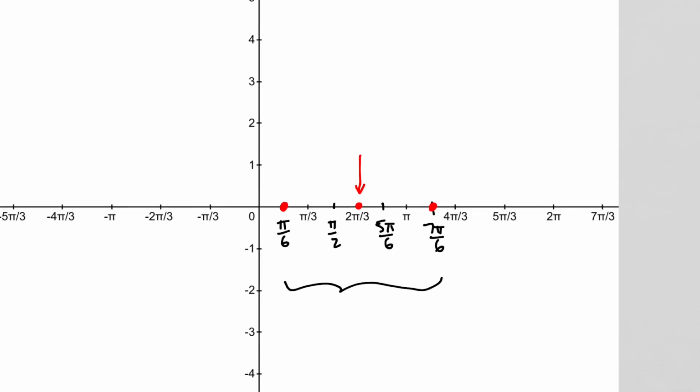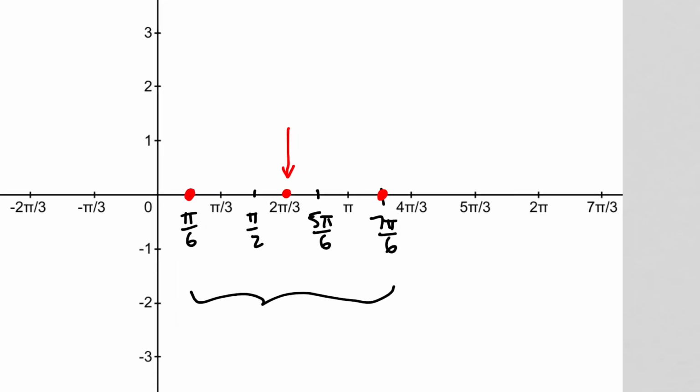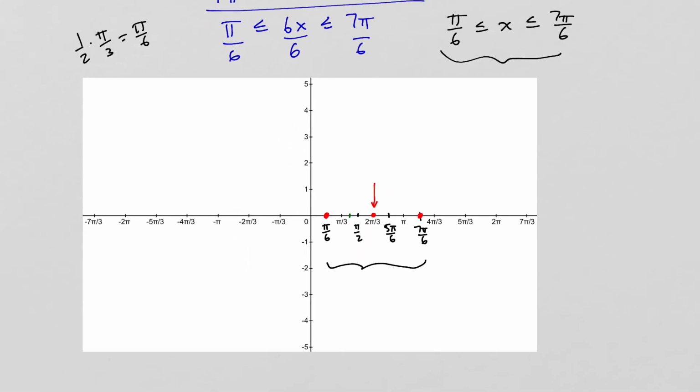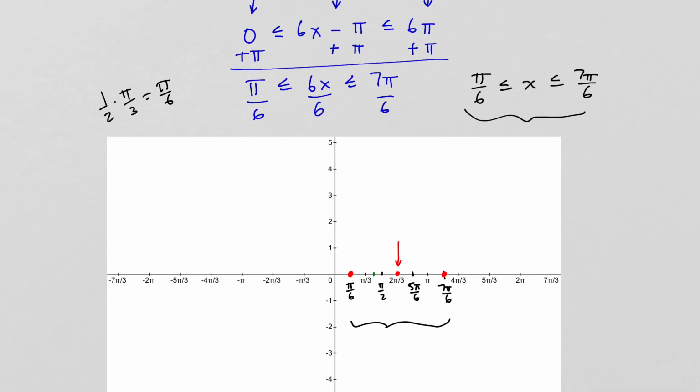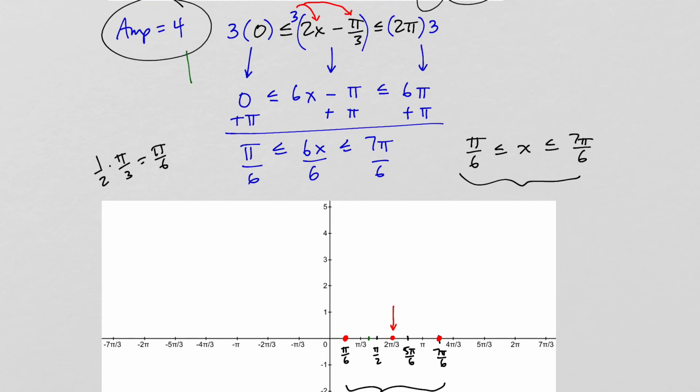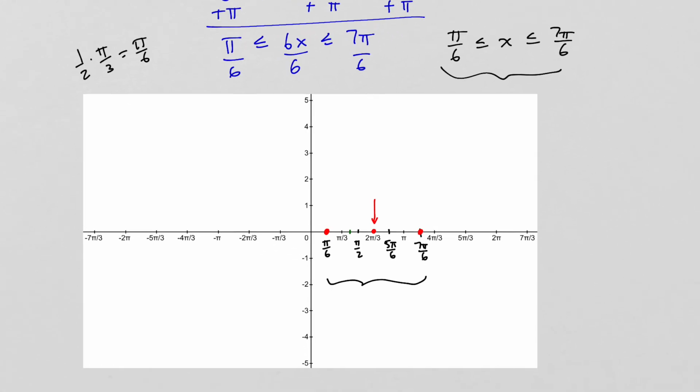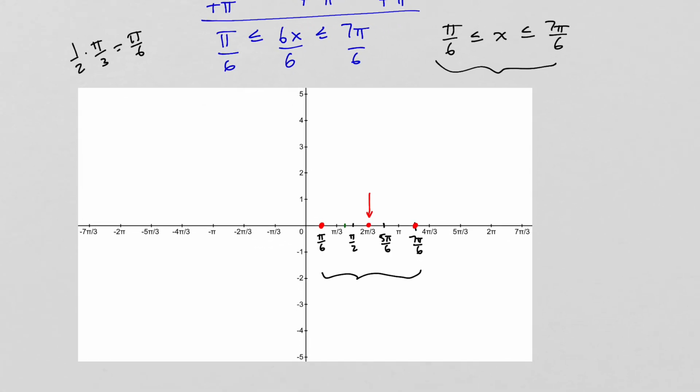And then this gets a little bit tricky here. Halfway in between these two values, notice, is not this number or this number. Rather, it's this value right here. You don't need to label this, but this is where our maximum is going to occur. And our maximum in this case is 4 because the amplitude is 4. So at that number, we're going to be up here at 4.